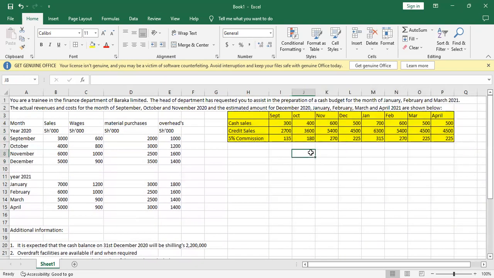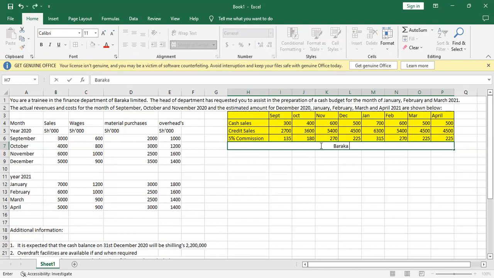So what I'm doing is the cash budget for Baraka Limited, for the months of January to March, as we've been told, 2021.